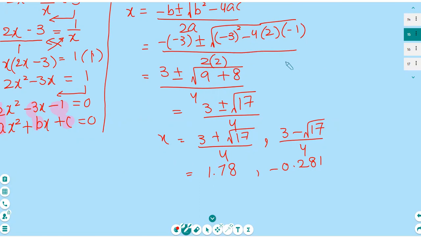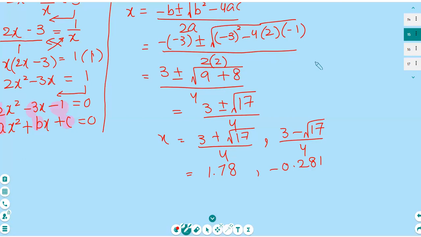And in a few cases, if the inside of the square root sign becomes 0, then there is only one solution of the equation, because there is no plus minus, 0 obviously won't affect this whole thing.